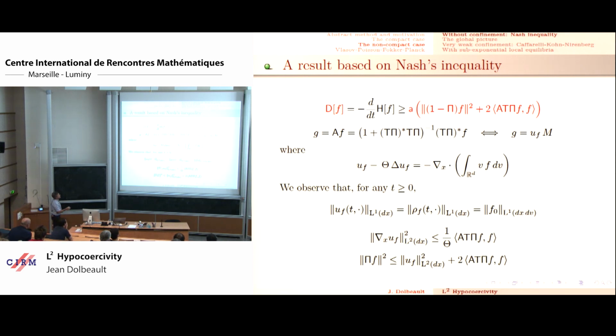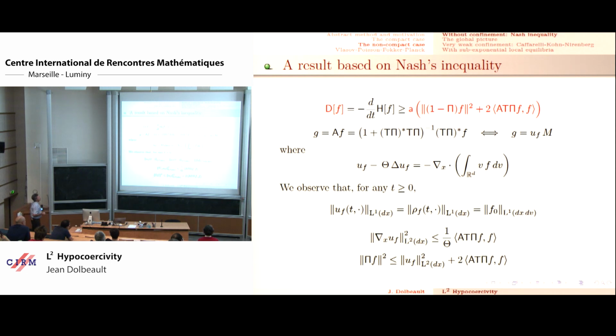And T's minus gradient x applied to the flux associated with the distribution F is just the TPF computed here. Okay, so I'm solving 1 plus TP star TP uF M equal TP star F here.